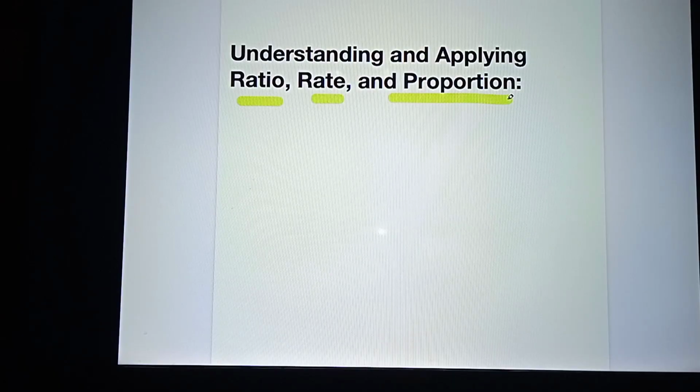These concepts help us compare quantities in everyday life like prices, speed, recipes, distance, and even exam results. In this lecture, we will understand what a ratio is, how a rate compares different units, what a proportion means, and how to apply them in real life situations.